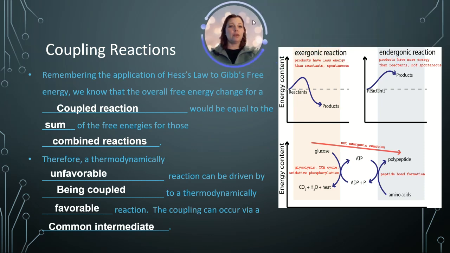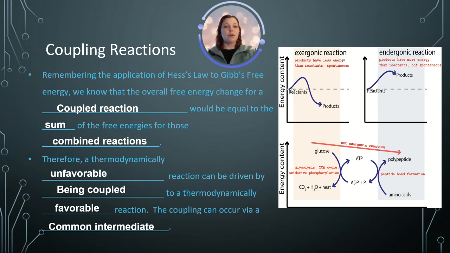If we look here, the terms exergonic and endergonic are used in biology, but they really just mean exothermic and endothermic. So you can have reactants or products going one way, and then the other way it goes like this. What we can see with the conversion of glucose in the cycle of ATP to ADP is that glucose to carbon dioxide, water, and heat is an exothermic reaction that drives this conversion of ADP to ATP.